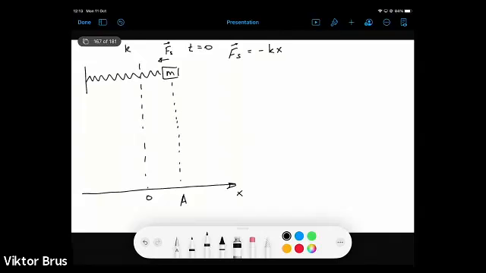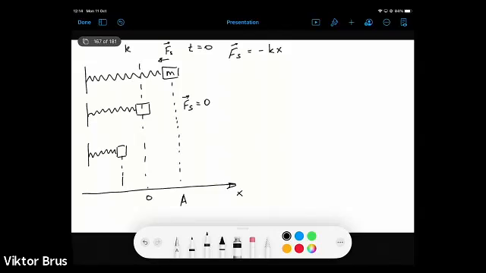Now, if the spring shrinks so that the mass is at equilibrium condition, there will be no spring force. F_s is equal to 0 because there is no displacement of the spring and mass, and it can continue moving, so it will compress the spring further.